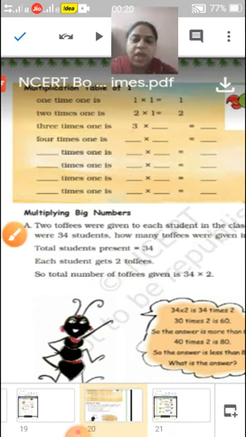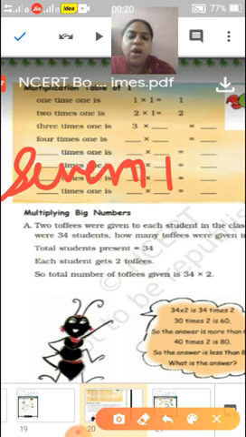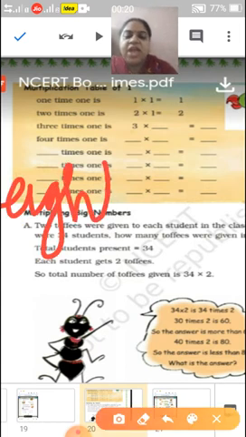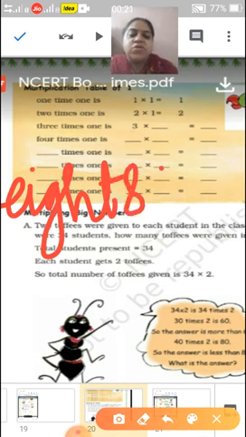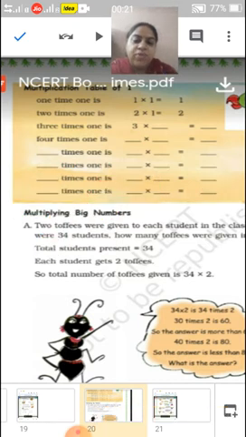Now come to next. You will write here 7 times 1 is 7 into 1 is equal to 7. Now come to next. 8 times 1 is 8 into 1 is equal to 8. Okay children. Now come to next.